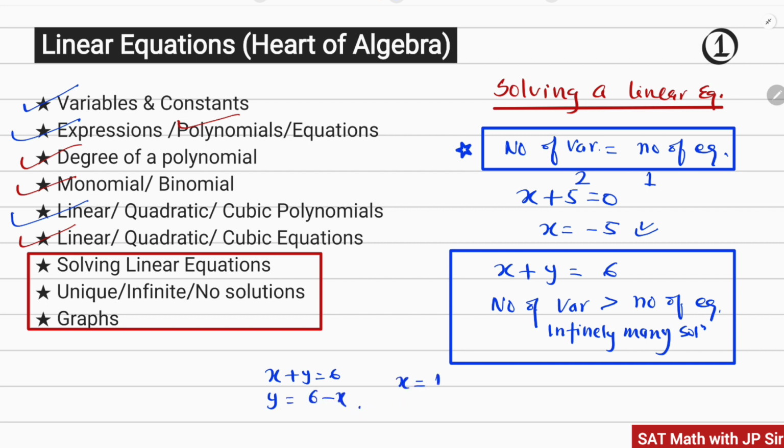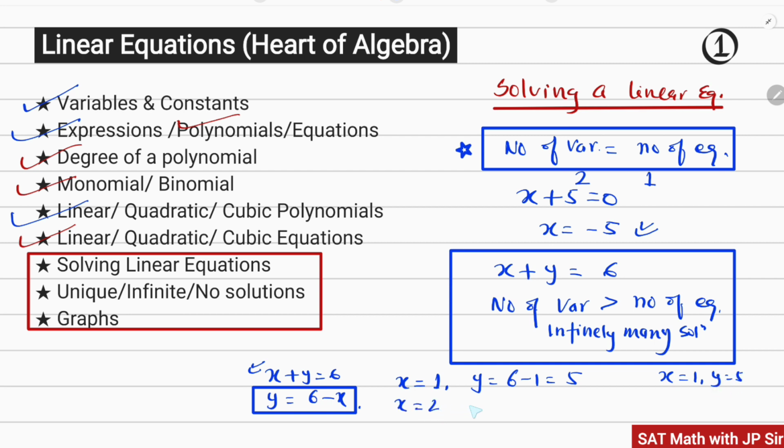If we put x equals to 1 in this equation, we get y equals to 6 minus 1, that is 5. So the solution is x equals to 1, y equals to 5. This is one of the infinitely many solutions.